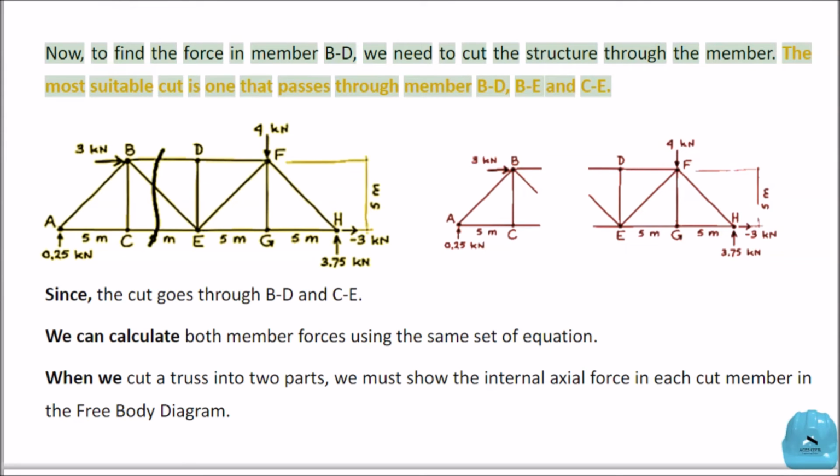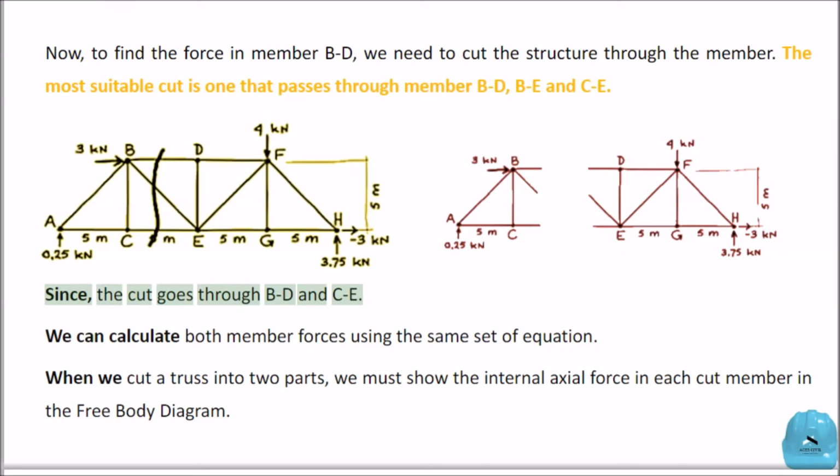Now, to find the force in member BD, we need to cut the structure through the member. The most suitable cut is one that passes through members BD, BE and CE.